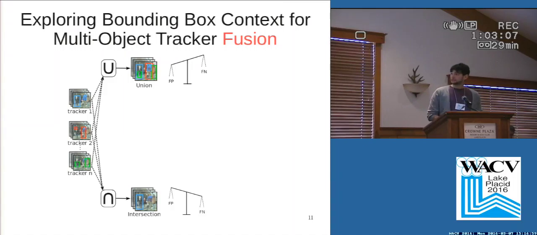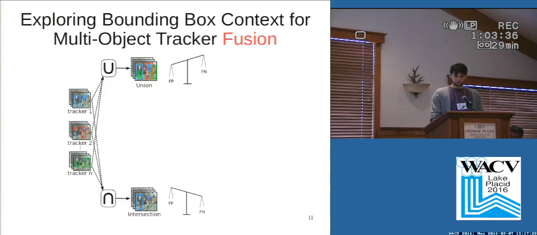So let's come from the other side. Intersection, we take only those boxes in our fused results where all the trackers agree. Here it's the other way around. You fail at filling the gaps, you get way more false negatives, but you're very certain about the boxes you have and have fewer false positives. But again, the balance is not guaranteed. You introduce more error than you decrease errors.